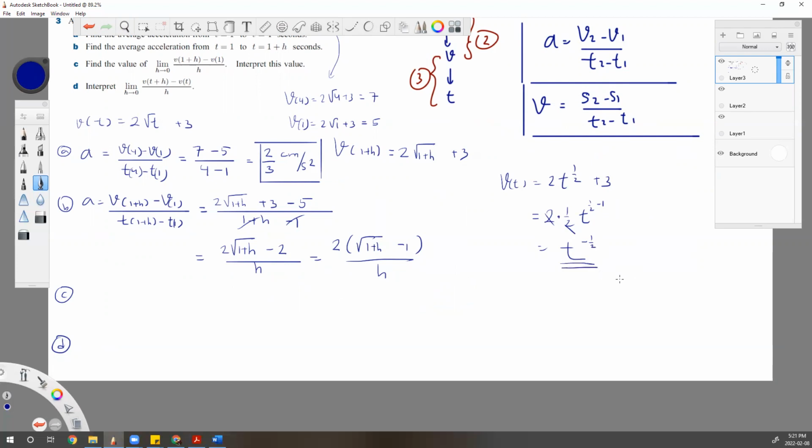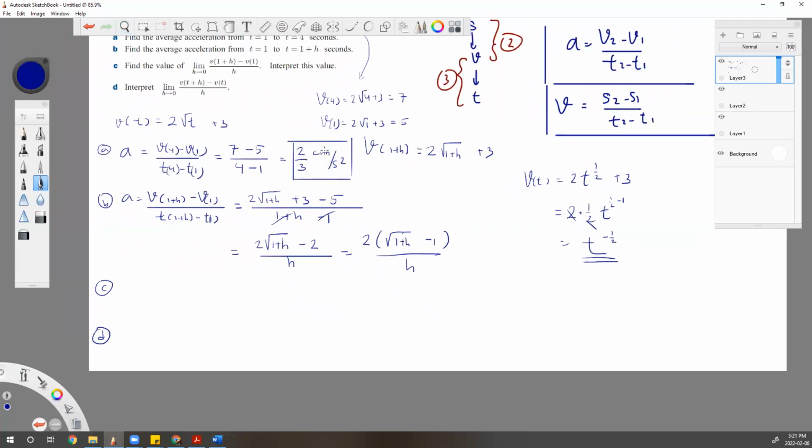That's all. I think the answer is 1. For question D, I just skipped question C. I don't know how to answer it, sorry for that.